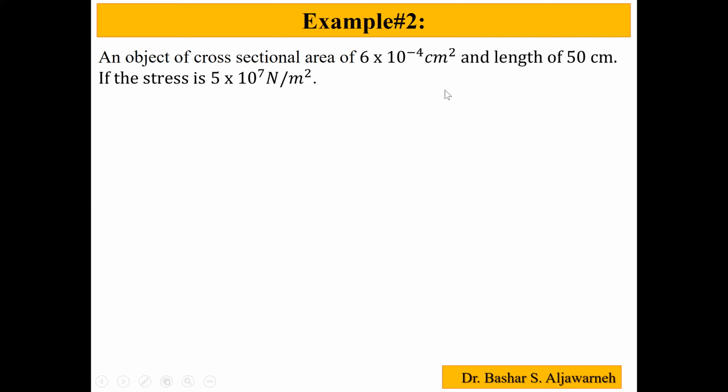First, the unit of area or the cross-sectional area should be in meter squared. So you have to convert from centimeter squared into meter squared, which is divided by 100 squared. And the length here should be in meter. So 50 centimeter divided by 100 to convert it into unit of meter.